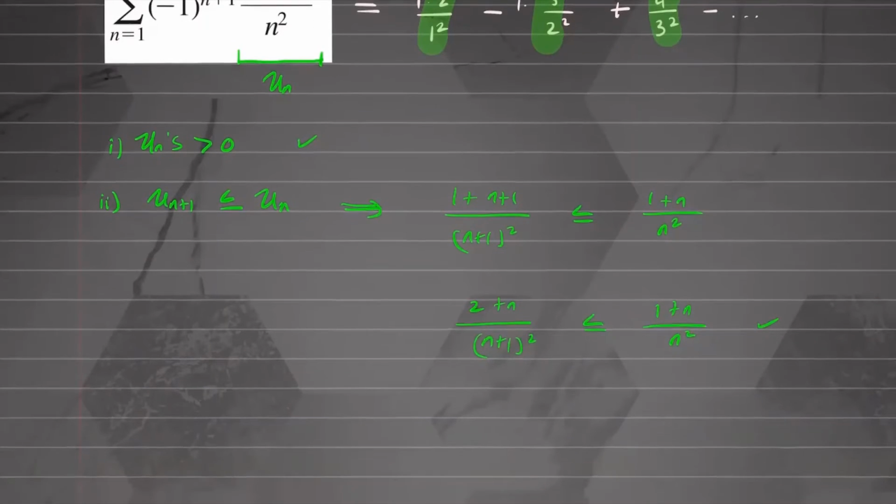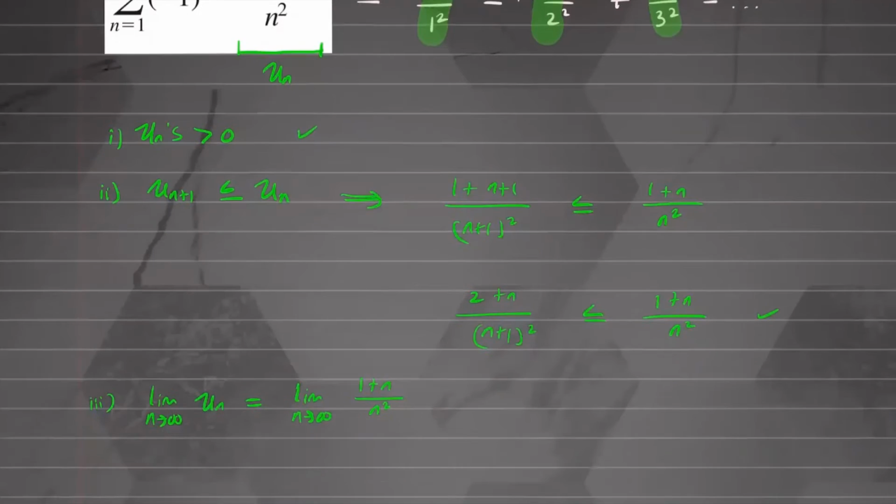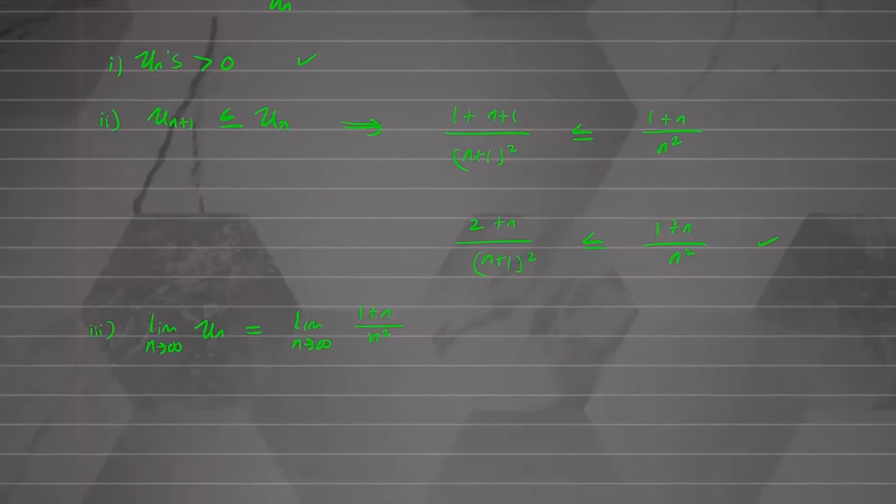And the third thing I want to show is that the limit as n approaches infinity of u_n goes to 0. Well, let's check. So we take the limit as n approaches infinity of (1 plus n) over n squared. That's our formula. Since we're taking the limit as n approaches infinity, we can divide everything by the highest power of the denominator.